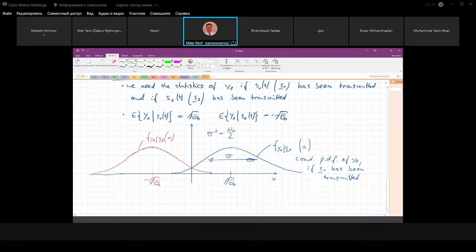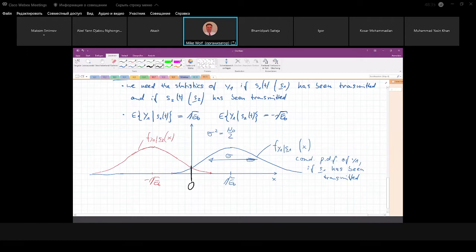Then you can immediately see, and you can prove this, though we don't do it here, that the optimum threshold is exactly 0. We have to decide: if y1 is larger than 0, then probably S1 has been transmitted. If y1 is lower than 0, then probably S2 has been transmitted.